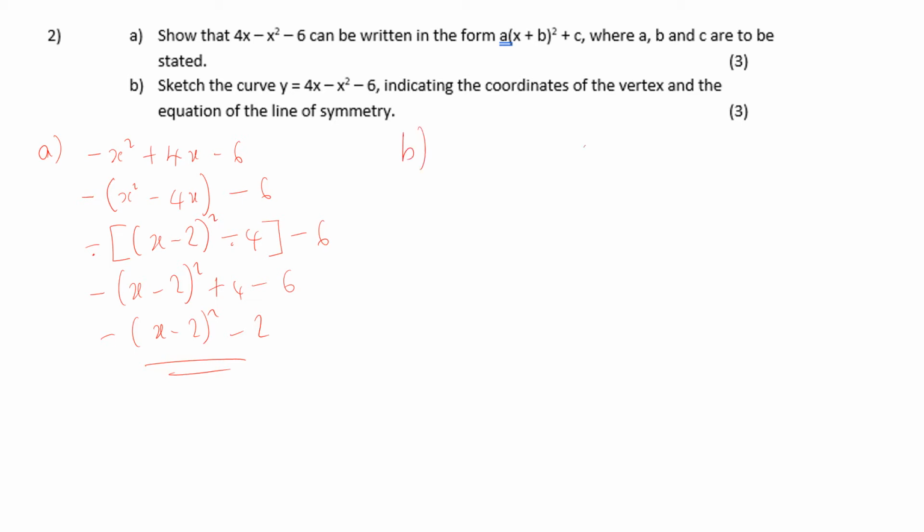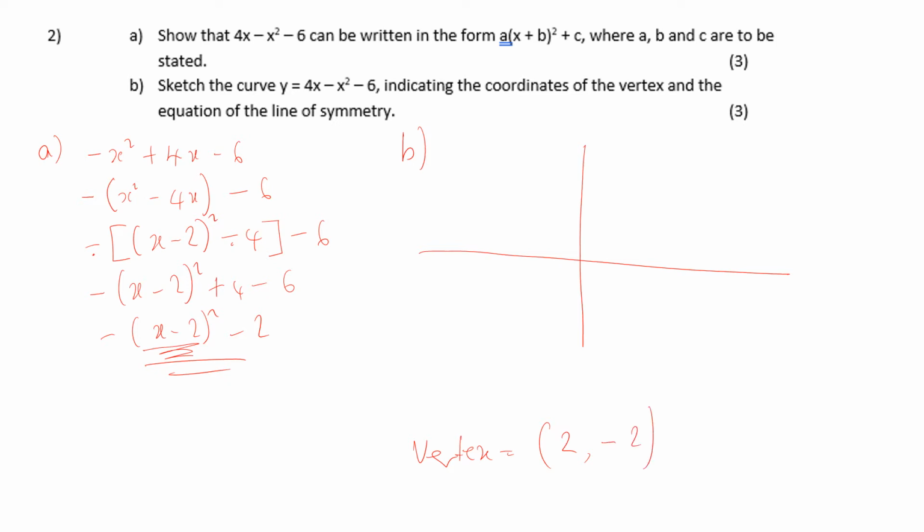Part B, what's it going to look like? Well, the vertex is where this bracket equals 0. So it's going to be where x equals 2, and if x equals 2, then this will be 0, and the whole thing will be equal to minus 2.